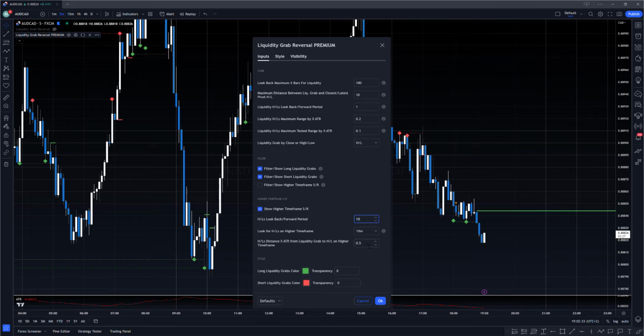and then it is comparing how far from this support and resistances the liquidity grab reversal is, and this is set by this 0.5 of ATR from the higher time frame. This is very important. This ATR is from the higher time frame, 0.5.